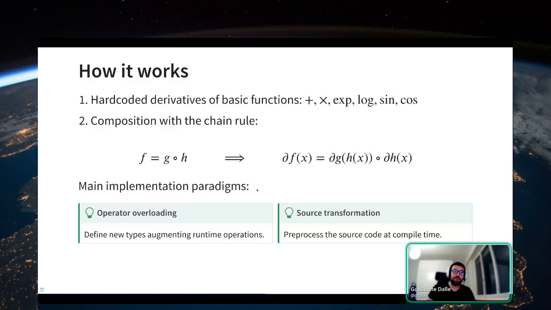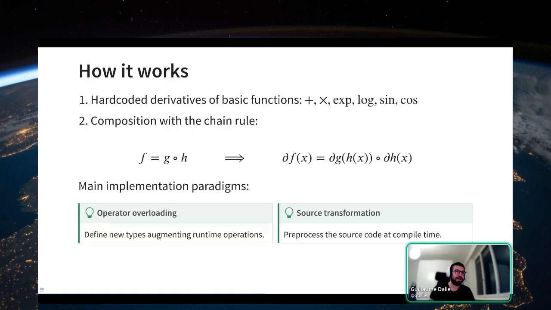Now, there are two main ways that you can do that breaking apart of the functions into their elementary components. One is called operator overloading, and it's the one I showed you before with these dual numbers. It's about defining new types that augment the runtime operations to store more information, in this case, storing the derivatives.